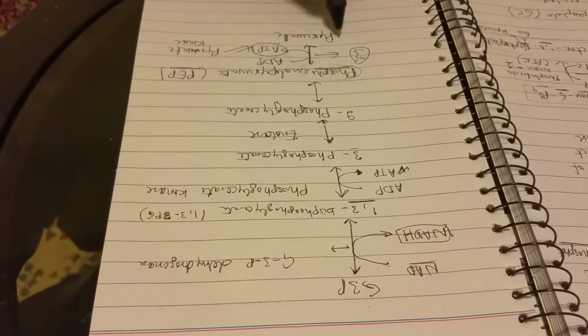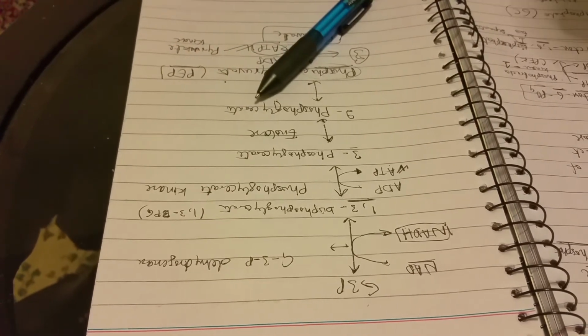And here, actually, we oxidize glucose to pyruvate. You see how easy it is. Glucose to glucose 6-phosphate, glucose 6-phosphate to fructose 6-phosphate, fructose 6-phosphate to fructose 1,6-bisphosphate, fructose 1,6-bisphosphate to G3P and DHAP.